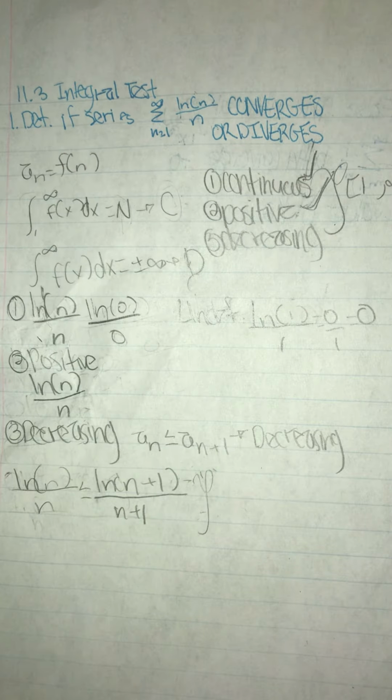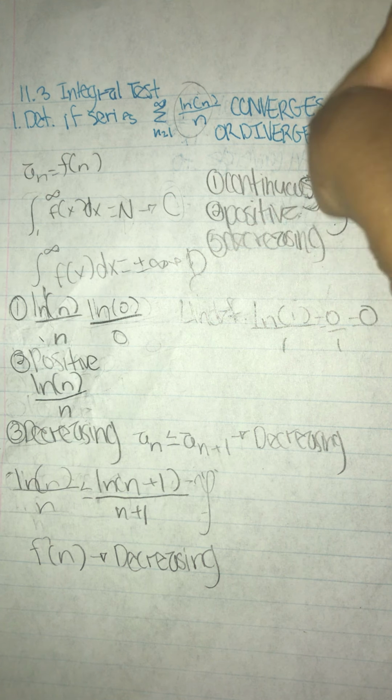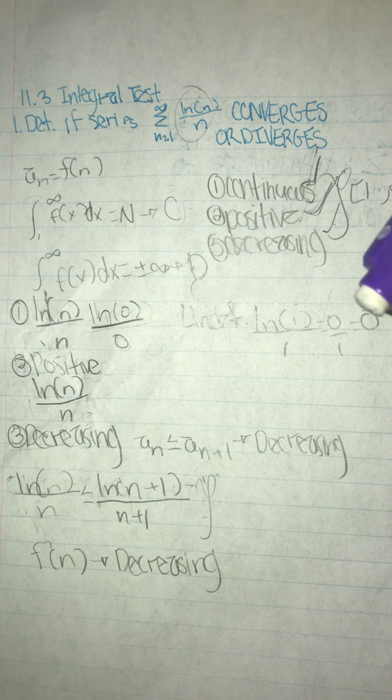We can think about that in terms of slope. If your slope is negative, then your function is decreasing. That's a good way for us to think about it. So since we see that all of these things are true on the interval from 1 to infinity, we can now use the integral test.